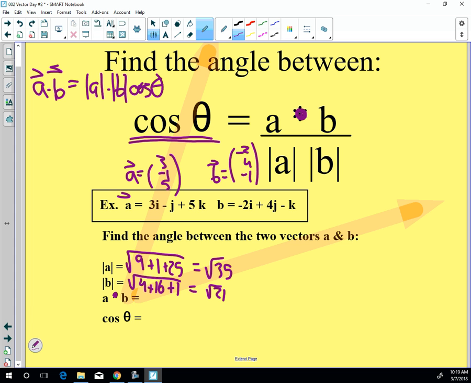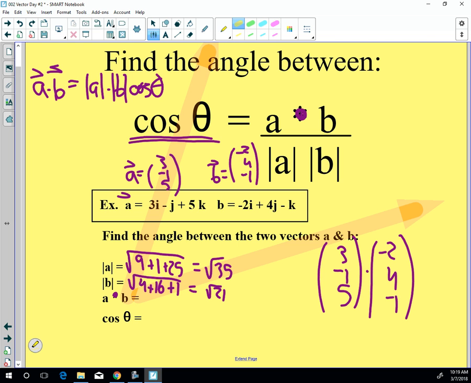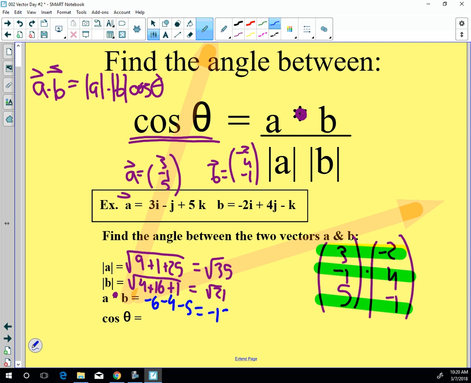The dot product, use this little technique that I showed you by taking the 3, -1, 5 and the -2, 4, -1 and just multiply across and add them together. X1, X2, Y1, Y2, Z1, Z2. So that's going to give you -6 minus 4 minus 5 is -15.